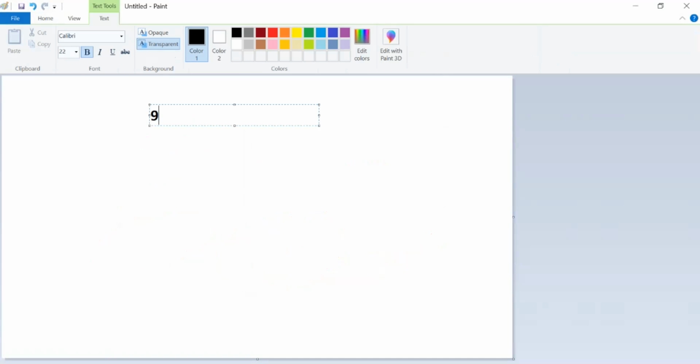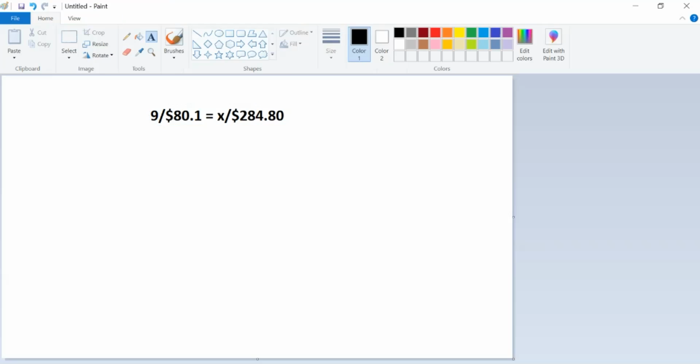So we've got 9 divided by, and I'll put the dollar signs in to start out with, 80.1. That's equal to X over 284.80, right? Like that. Okay, and you're asked to solve for X, right?